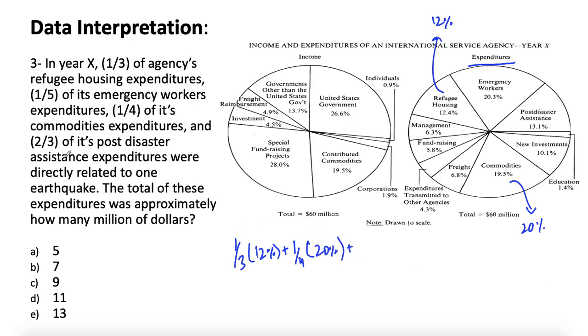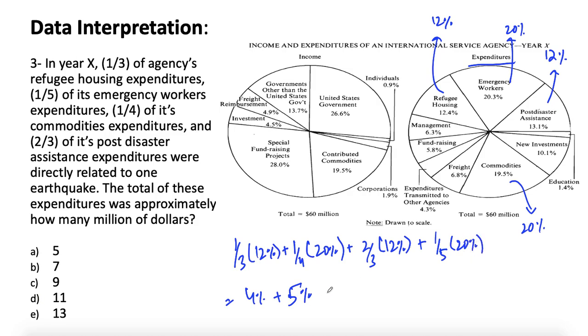Now the next thing is 2/3 of its post-disaster assistance expenditure. That is 13.1, so better to approximate this into 12%. So this will be 2/3 of 12%, and this will be equal to 4% plus 5%, and yeah, we missed one. 1/5 of its emergency worker expenditure, and approximate this to 20%. 1/5 of 20%.